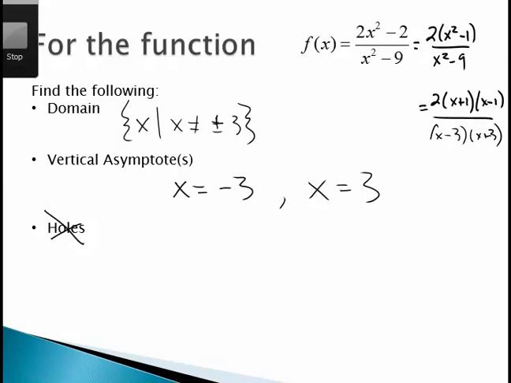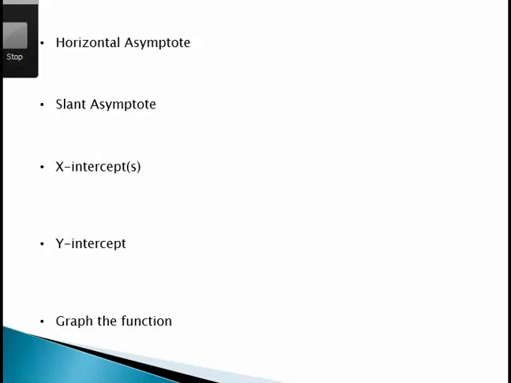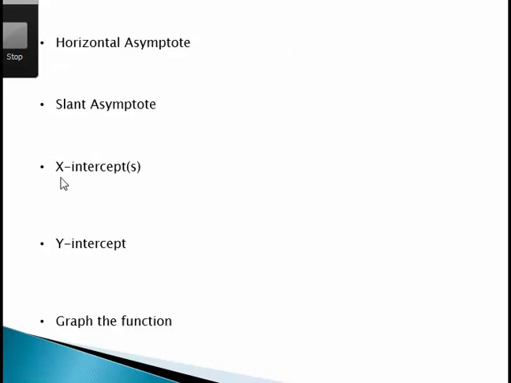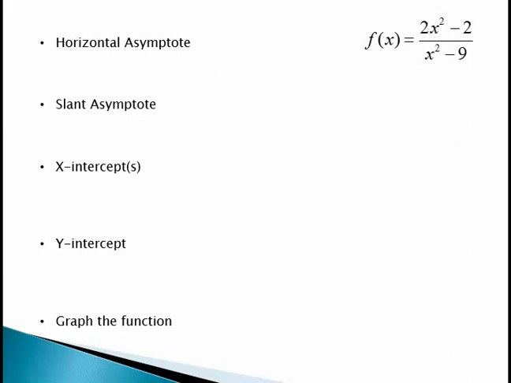Okay. How about horizontal asymptotes? So same function. To find the horizontal asymptotes, I'll look at this. Actually, the non-factored version is a little bit easier to deal with here. We can see that the degree of the numerator is the same as the degree of the denominator. So when x goes to infinity, the only thing that matters is the ratio of the leading terms, because the degrees are the same.